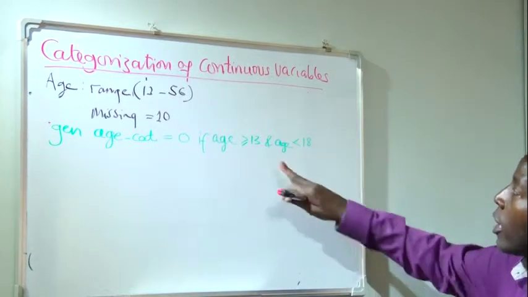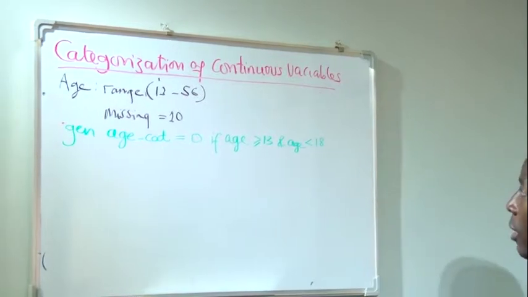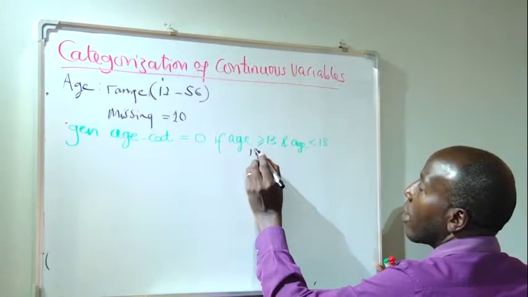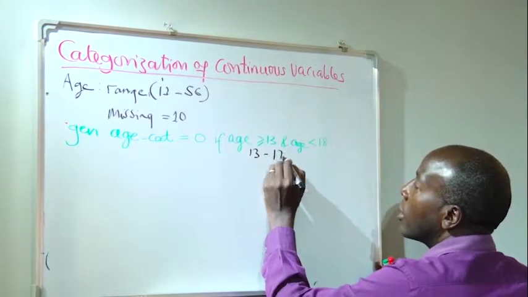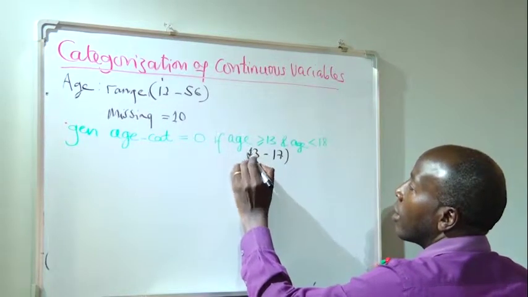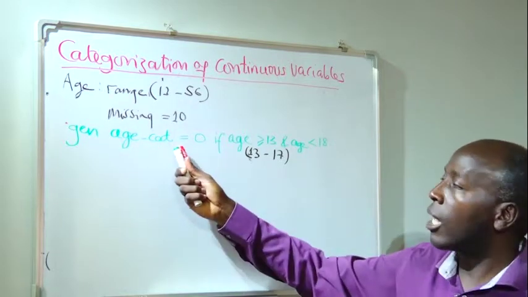Now, which category have we created here? The category we've created here is that of people ranging between 13 to 17. Why? Because we've told Stata to generate a new variable known as age cat.